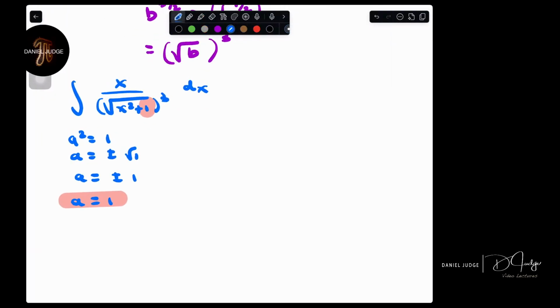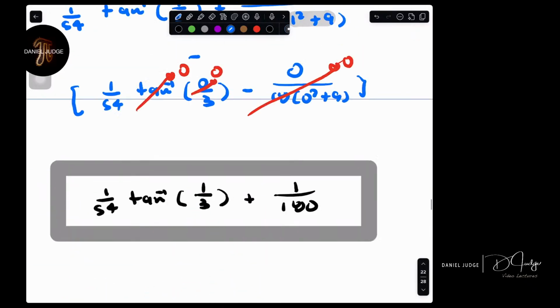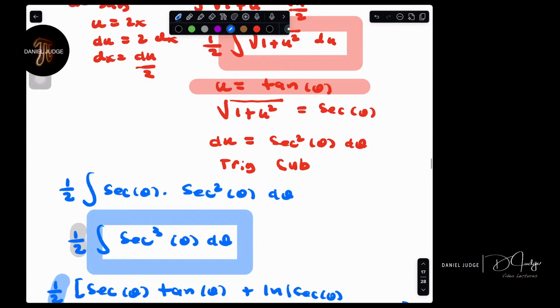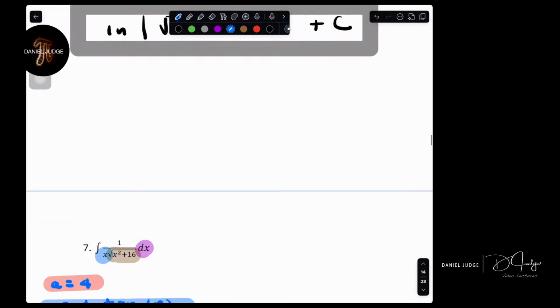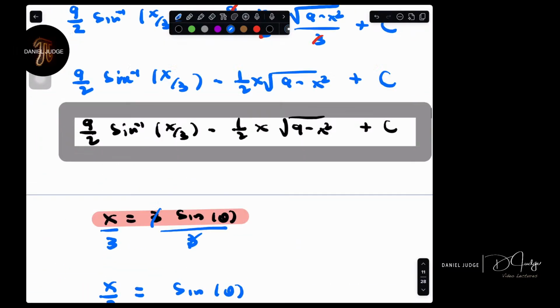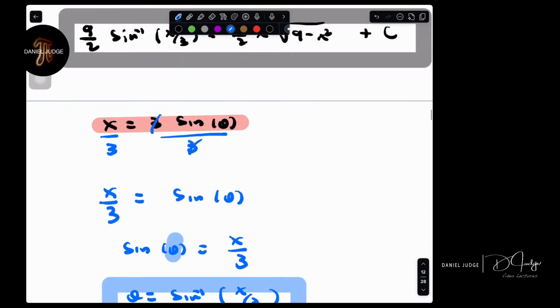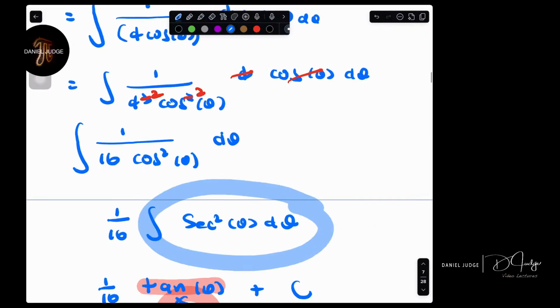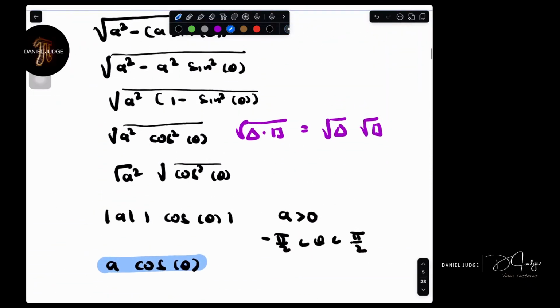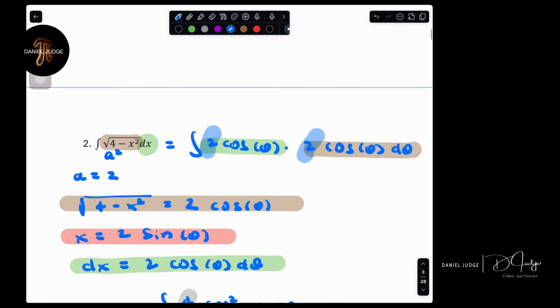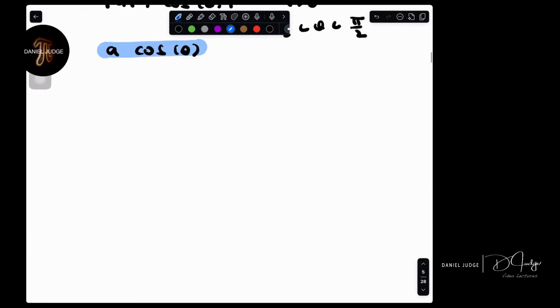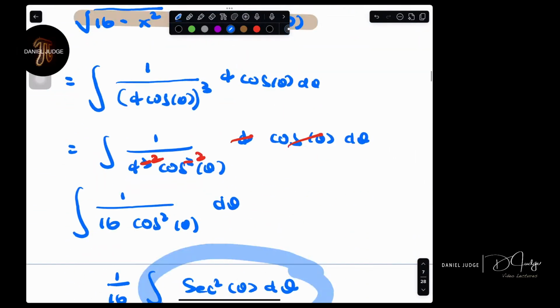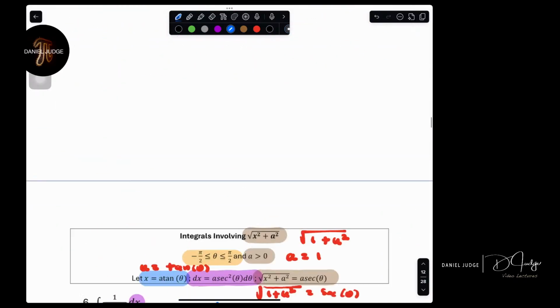So, okay, now let's look at what x should be. X is going to be, if we remember, go all the way back, a tangent theta. I think we went too far.